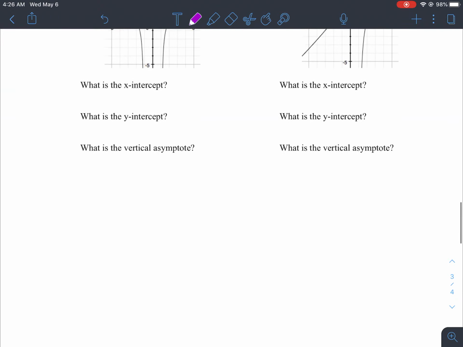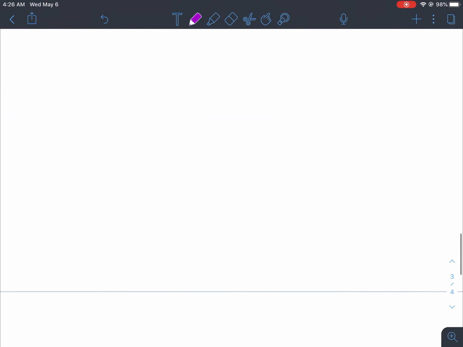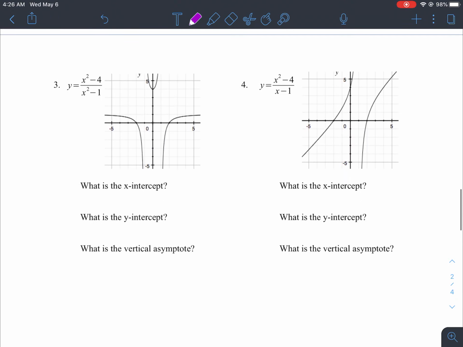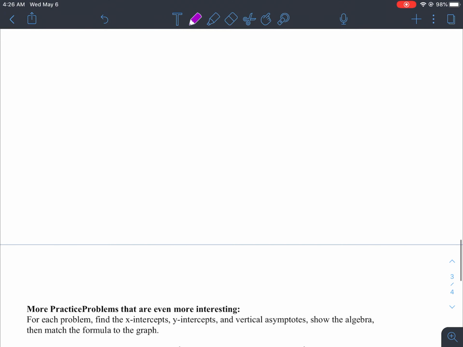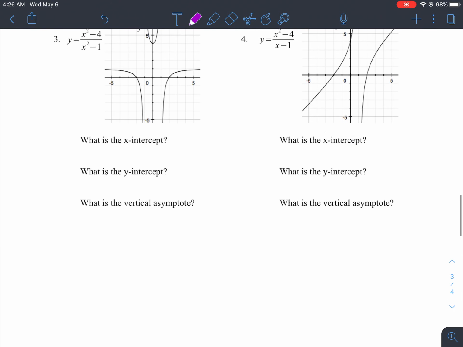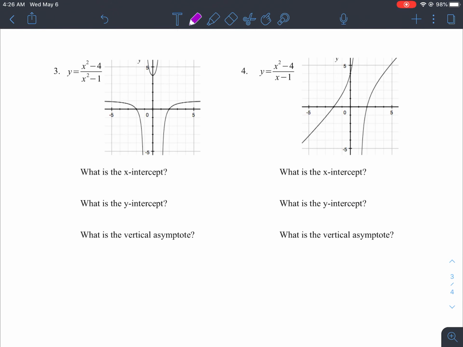Okay, so now we'll try 2 problems. We'll try to find the x-intercept algebraically and then check it with the graph. So what is the x-intercept? The x-intercept should be 2 and -2.